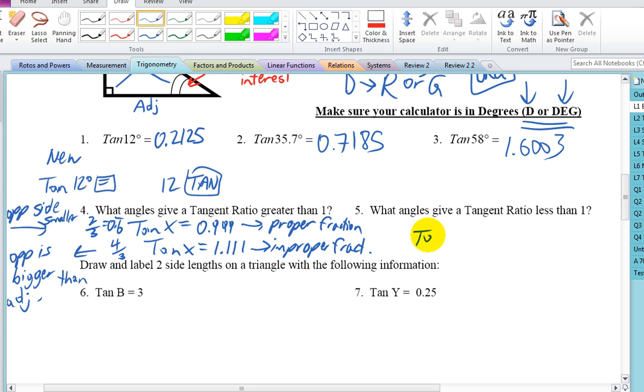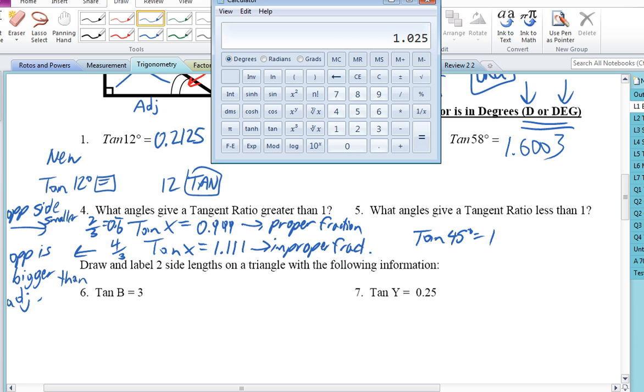So, tan 45 degrees equals 1. So let's try, what's tan 40? So 40, tan, 0.83. We'll go 50, tan, 1.19.